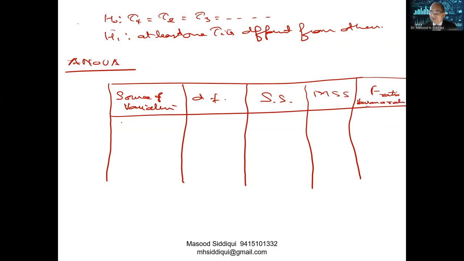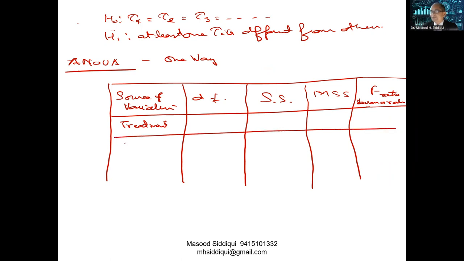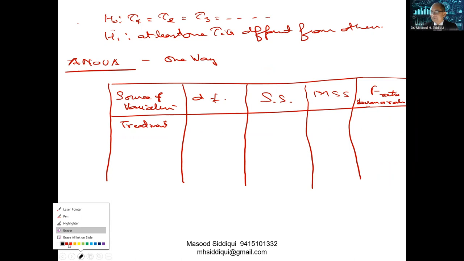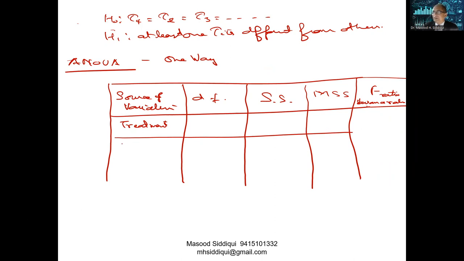For sources of variation, the first one is the treatment, since this is one-way only. The next one is the error or the residual, and the last one is the total.